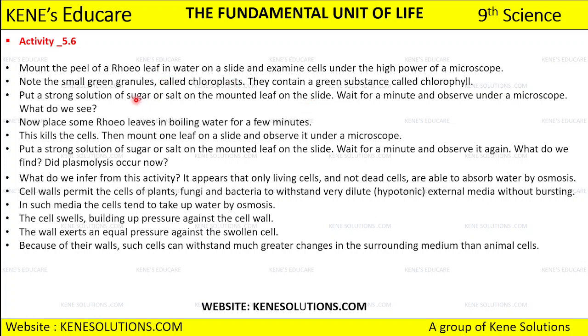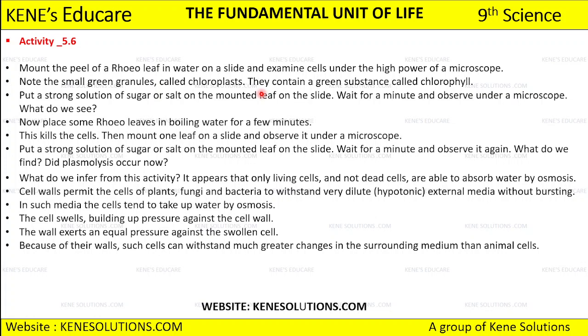Okay, there you will see some small green granules which are present, and we call these small green granules chloroplasts. The chloroplast is a thing which contains a green substance. What is inside the chloroplast? We have a green substance present inside the chloroplast, and we call that green substance chlorophyll. Where is chlorophyll present? Inside the chloroplast.